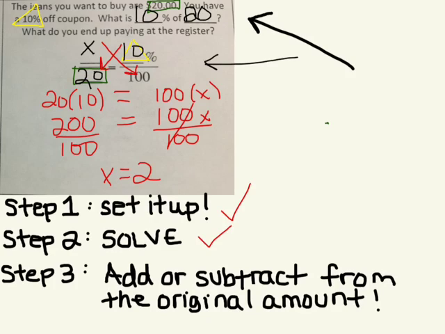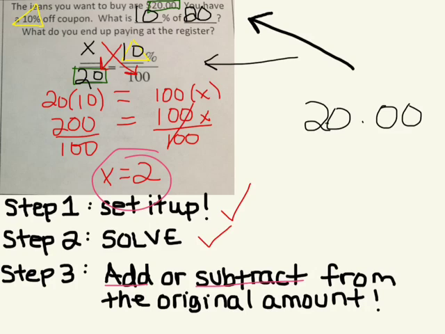So, what's our original amount? Our original, remember, that's a whole word. I hope you said our original amount was $20, okay? Now comes the question. Are we going to add or subtract our new number from the original amount?